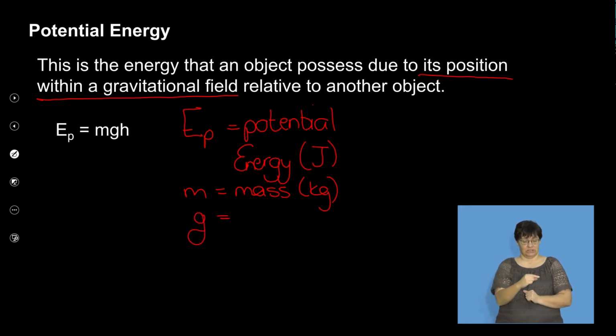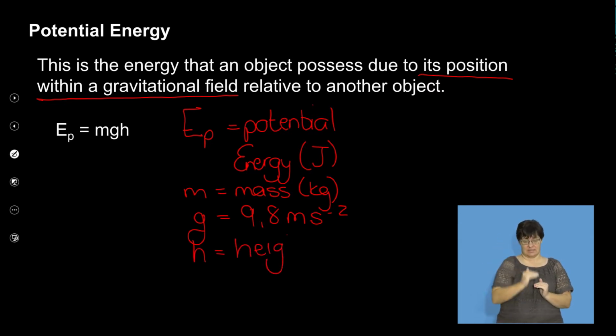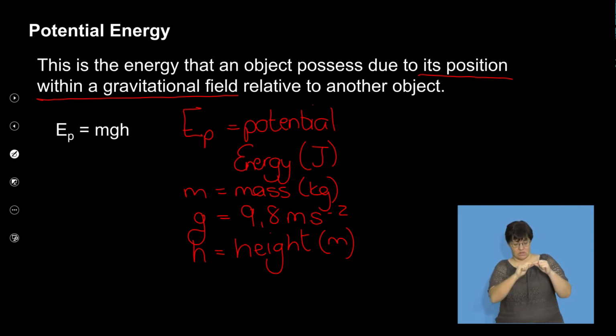G is acceleration due to gravity, which is a constant 9.8 meters per second squared. And H is height. All right, and that is height from a reference point. So we need to know where I'm measuring it from.